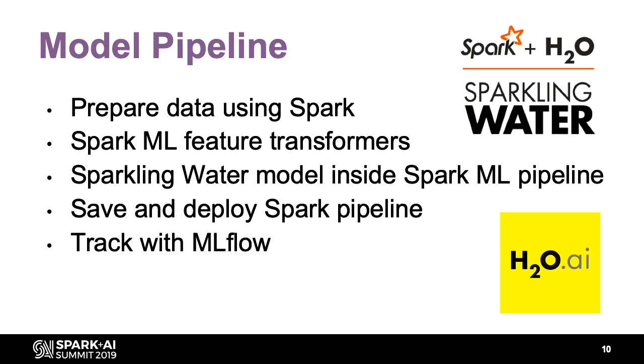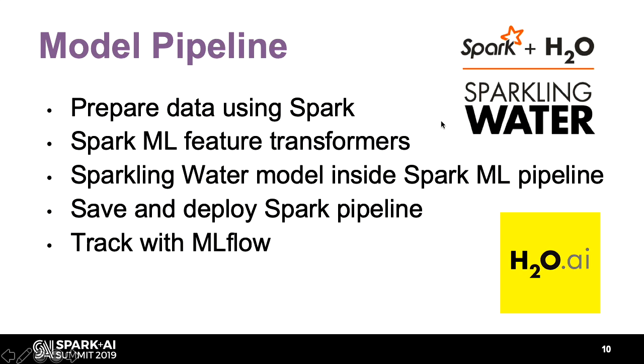Then the question is which model to use. You can stay on Spark to do all of that, and I'll show you some models that I've used. I'm a fan of the Sparkling Water models, which are H2O models that have a wrapper so that you can run them on Spark.